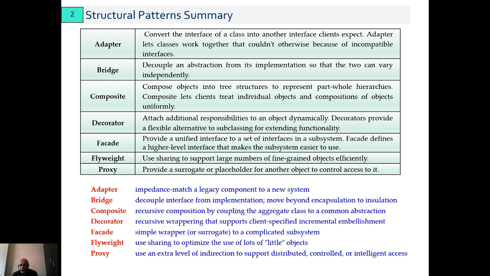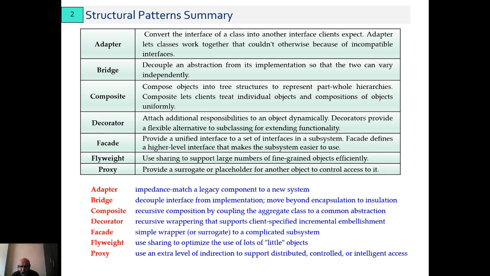Now again going back to creational, there were 5: ABFPS, that is abstract factory, builder, factory method, prototype, and singleton.